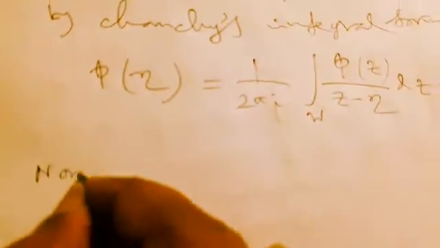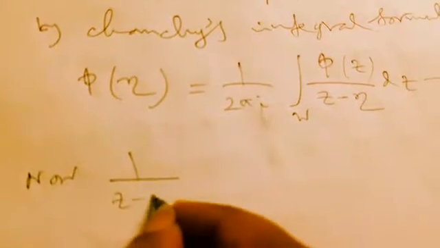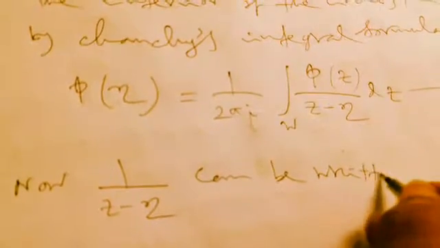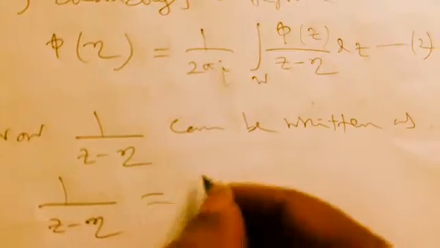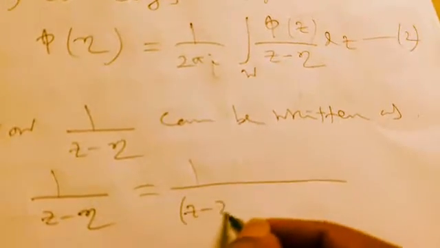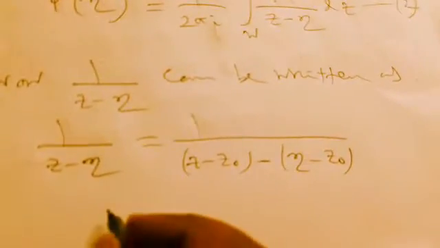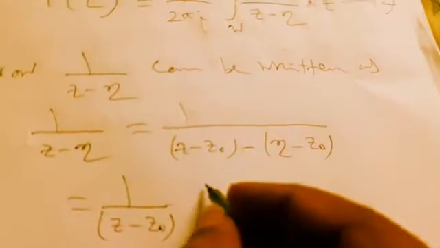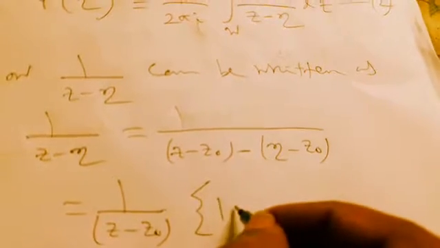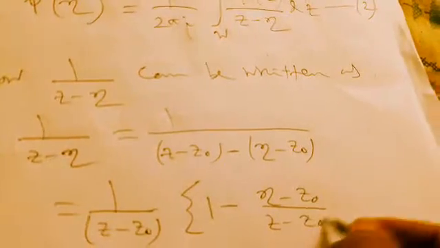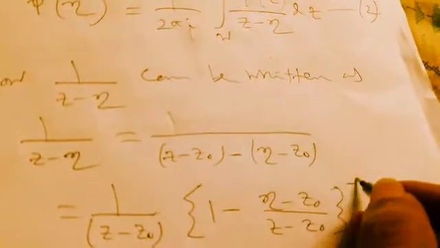And now 1 by z minus eta can be written as 1 by z minus z0 minus eta minus z0, and that will be 1 by z minus z0 times 1 minus eta minus z0 by z minus z0 whole to the power minus 1.